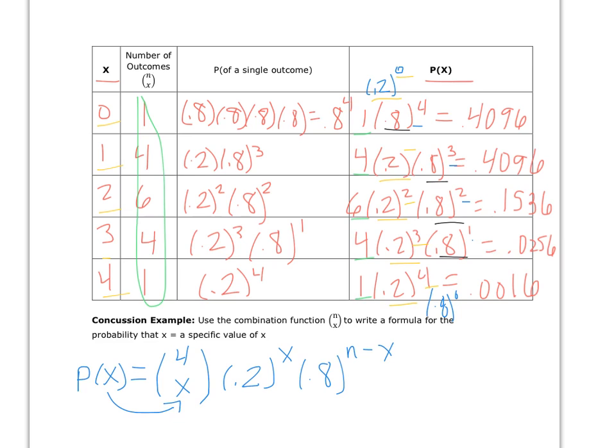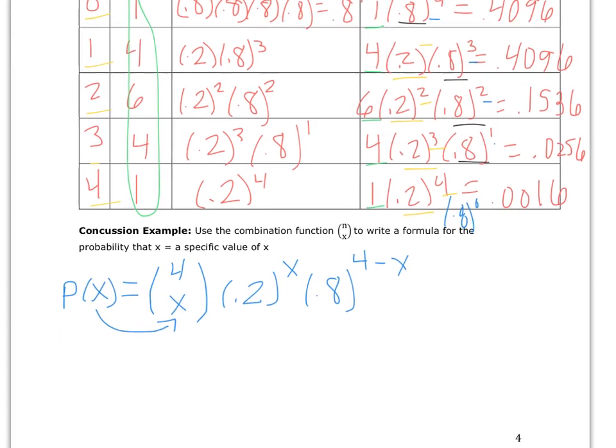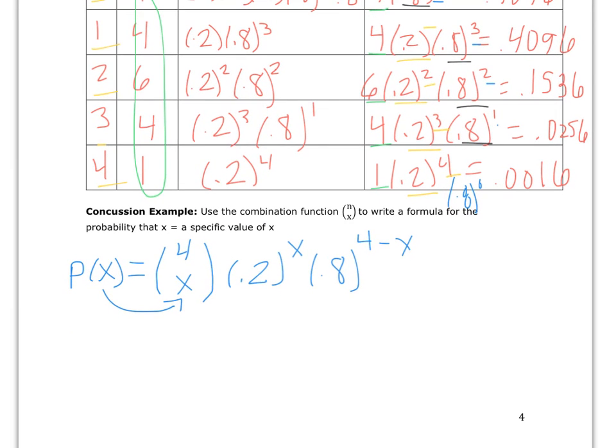We can plug in what n is, because it's a 4. So here is the formula that we could use to find probabilities for this particular binomial random variable. This assumes we have a binomial with 4 for n and a probability of success of 0.2. It's only going to work for those random variables, and only when x is equal to 0, 1, 2, 3, or 4.